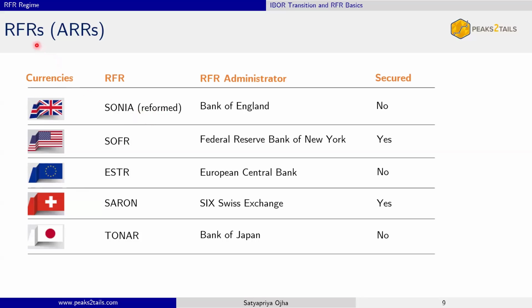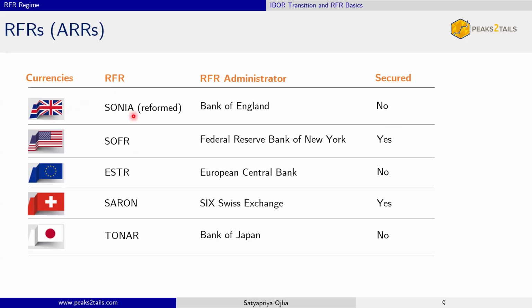You can call it a risk-free rate or alternative reference rate, ARR, which is not LIBOR but something else. For the US, we have SOFR, the Secured Overnight Financing Rate, which is published by the Federal Reserve Bank of New York. It is a secured rate because the way we derive the SOFR rate is from collateralized repo transactions. I'll show you the exact calculation, but it's a secured rate, hence the name Secured Overnight Financing Rate.